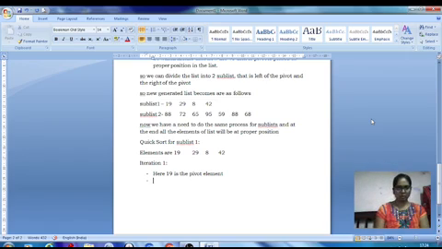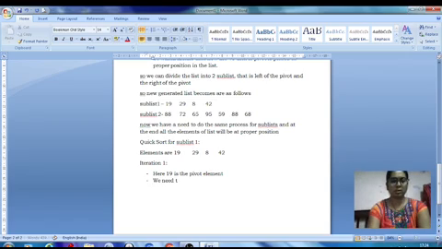and we need to start the comparison from right to left.